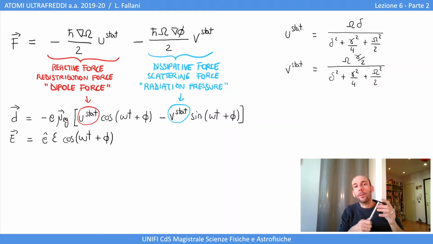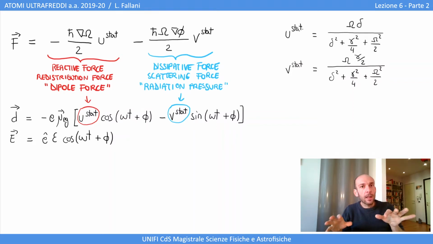And those are proportional to the two components of the Bloch vector, u and v, that describe the component of the atomic dipole that oscillates in phase with the electric field, that is the one indicated in red in this expression, so the component that is proportional to u stationary, and the other is the component that oscillates 90 degrees out of phase with respect to the field, that is indicated here in blue.